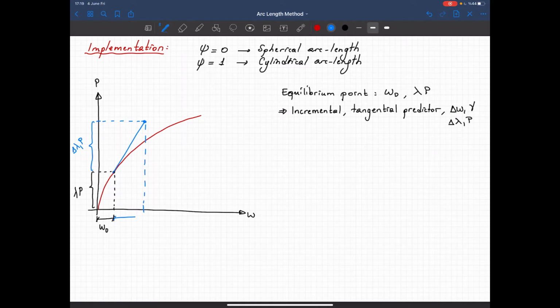So this distance is delta W1. Okay, so we determine this incremental tangential predictor in such a way that this distance is equal to delta L.